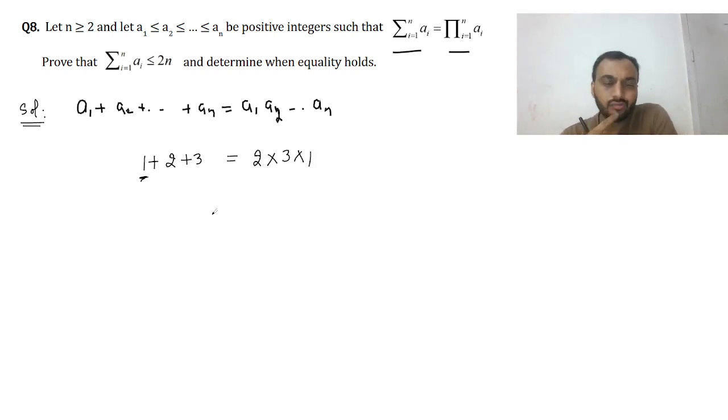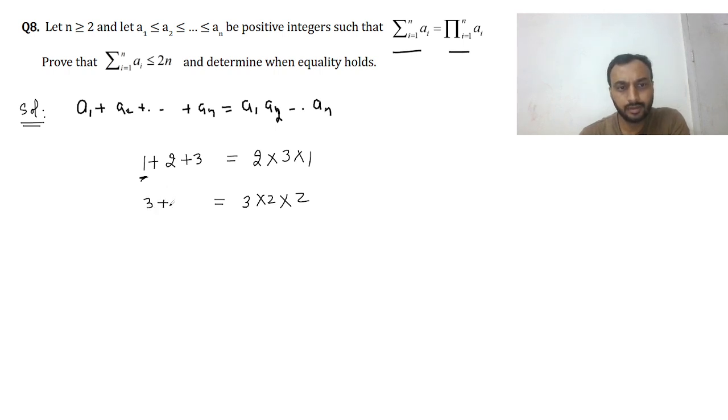So we can write any product as a sum, and whatever the gap between the product and the sum, we can fill that by using ones. Let's pick one more example, say 3 into 2 into 2, which is 12.